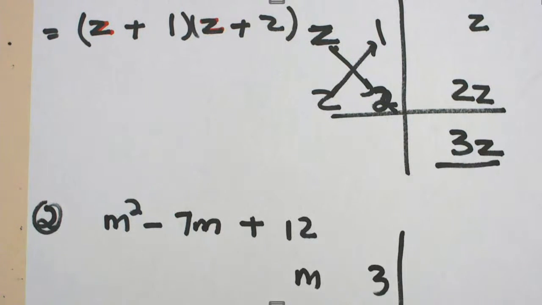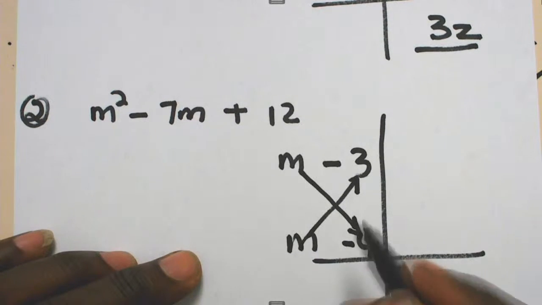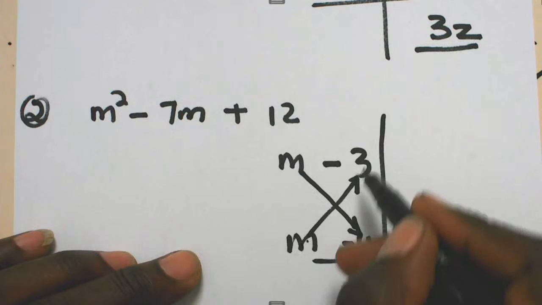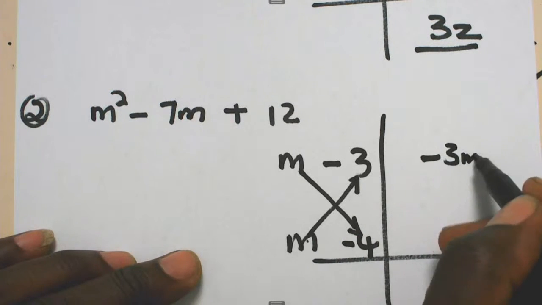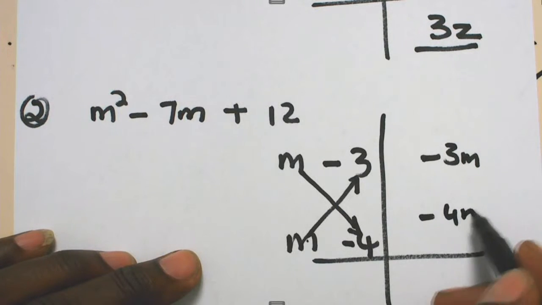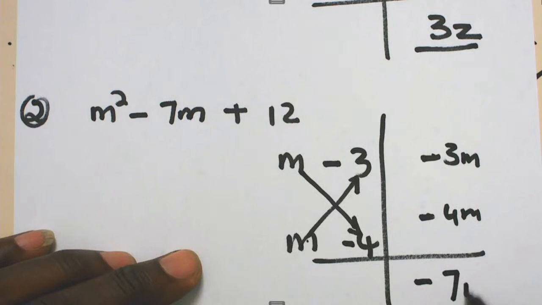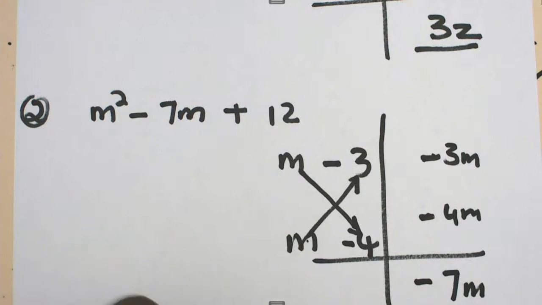Then it's negative, negative, and you multiply this by this, and that by that. When you multiply m by minus 3, it's minus 3m. When you multiply m by minus 4, it's minus 4m. When we add the two, because they are negative, it gives us negative 7m, the middle term.